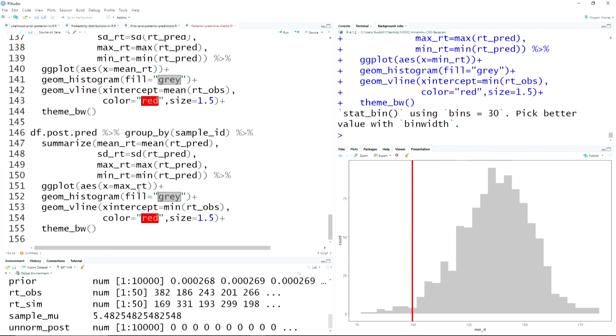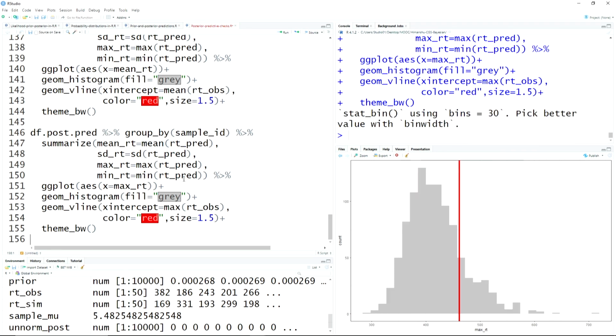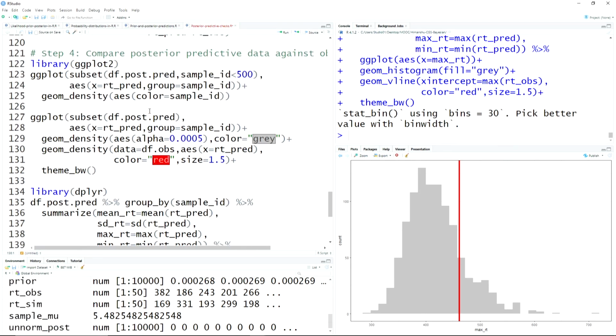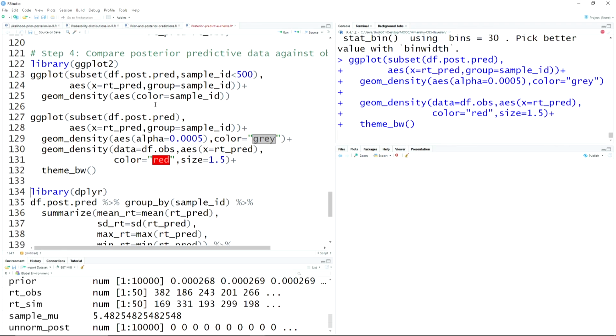So, max RT. Let us check how the distribution of max RT looks. This is doing fine. Okay. So what we have seen is that the posterior predictive checks can tell you whether your likelihood assumption is reasonable or not.